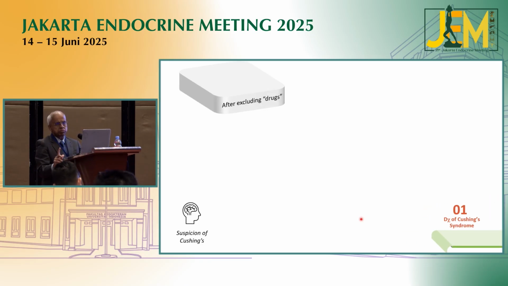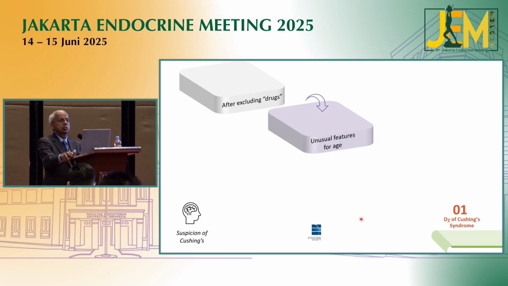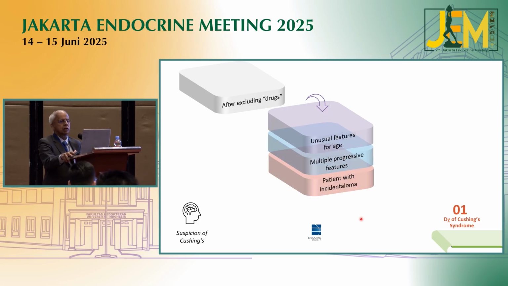The first thing, exclude exogenous Cushing's. It's no point evaluating if it's exogenous Cushing's because that's a totally different problem. And then the Endocrine Society recommends testing if there are unusual features for age, progressive features, changes, patients with incidentaloma, pituitary or adrenal, and particularly in children where there's a disproportion between height and weight.